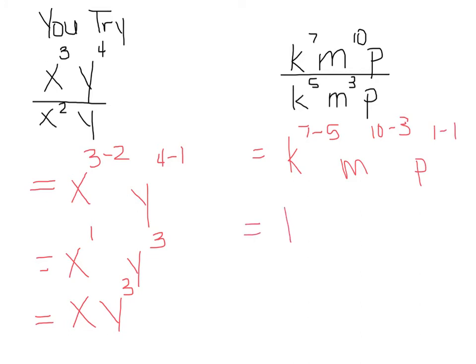Okay, that gives us k to the 2nd, m to the 7th, p to the 0, which will bring us to the next concept we're doing. Anything raised to the 0 power is 1, so my answer is simply k to the 2nd, m to the 7th.